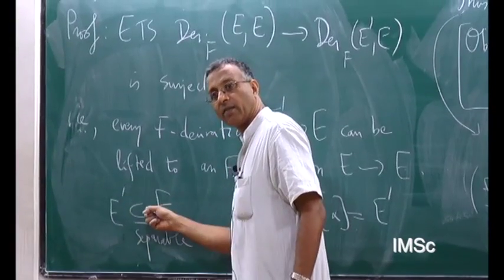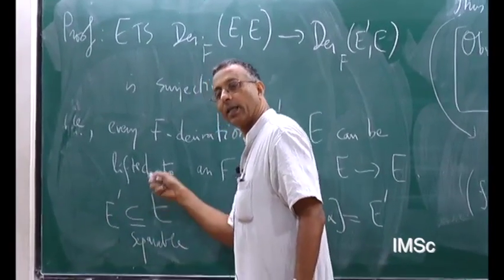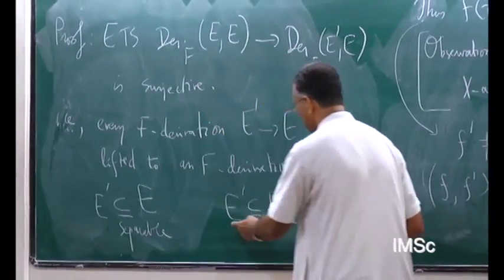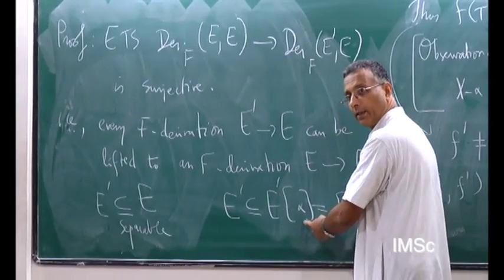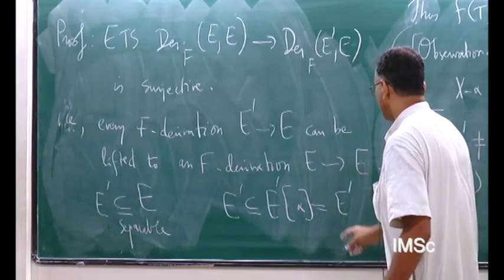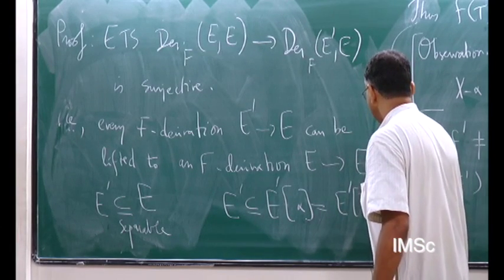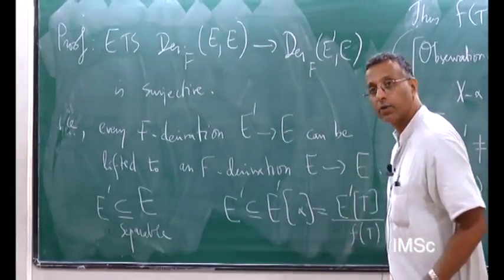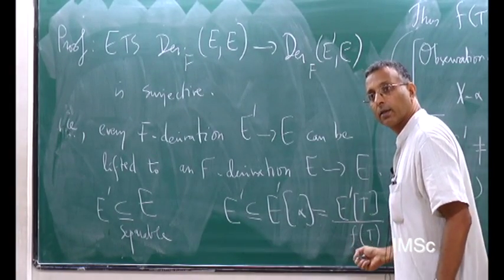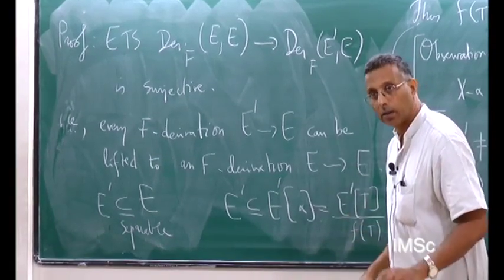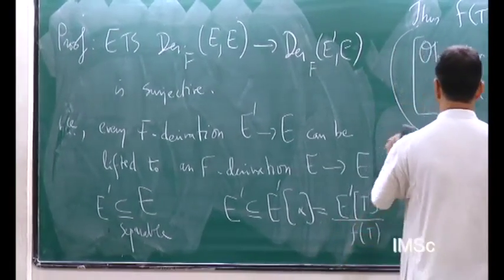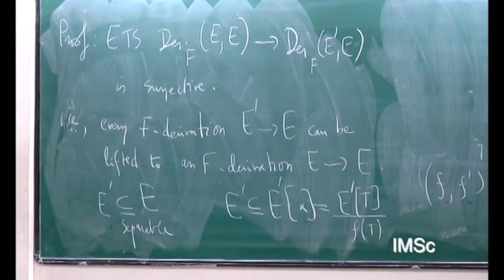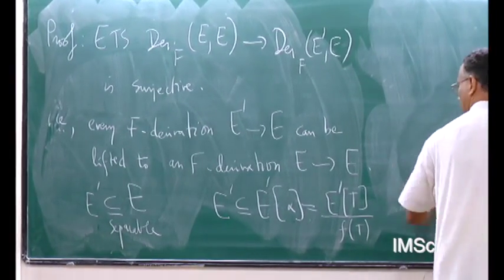First I can attach an alpha, extend it to that, then I can attach a further one. So it's enough to do it in this case. I can write this as E prime t by Ft, where I can assume that Ft has distinct roots. If necessary, I can even assume it to be irreducible.